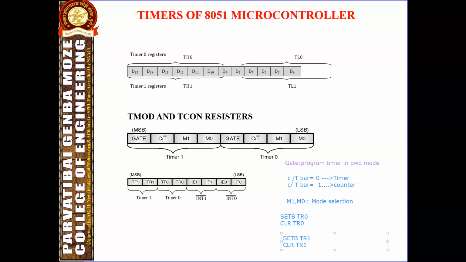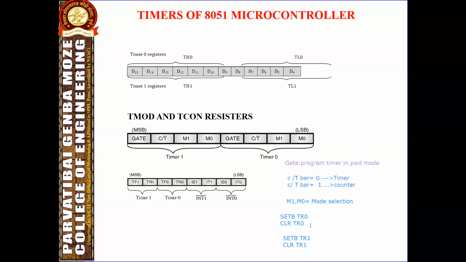This instruction starts the timer, SETB TR0, and the clear instruction stops the operation of the timer, CLR TR0, as long as GATE equals 0 in the TMOD register.